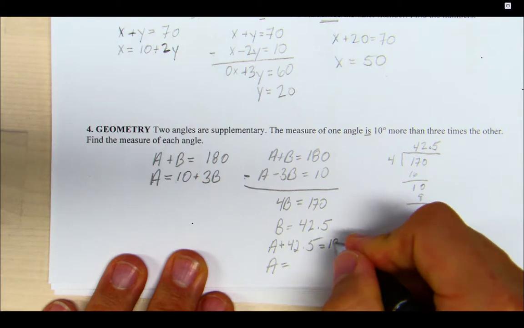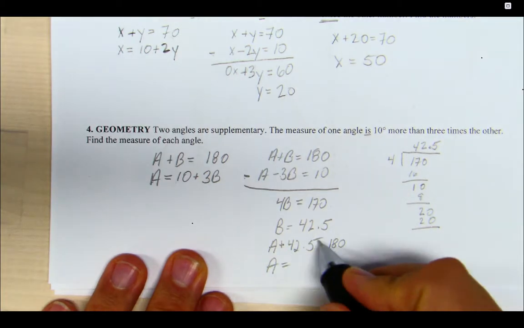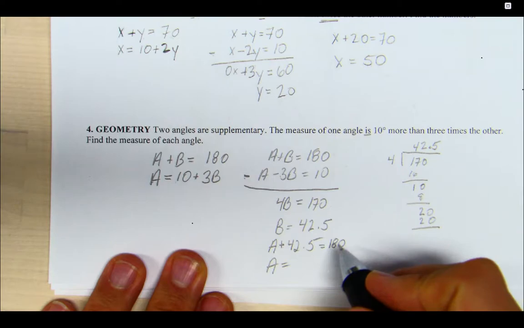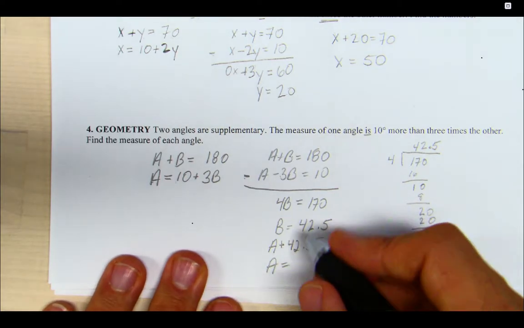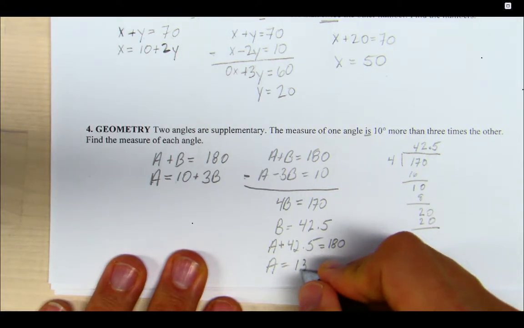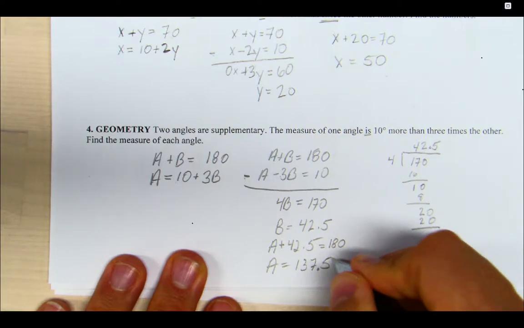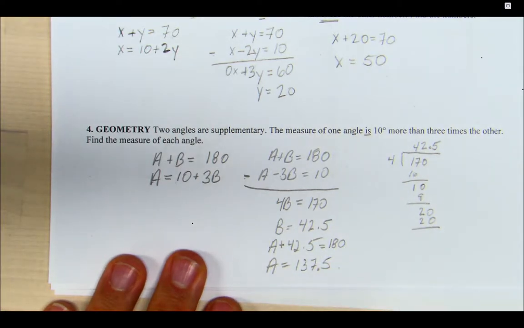Sorry, this should equal 180. A plus B is equal to 180. So that means that A is going to end up equaling around 137.5. All right. So there you go.